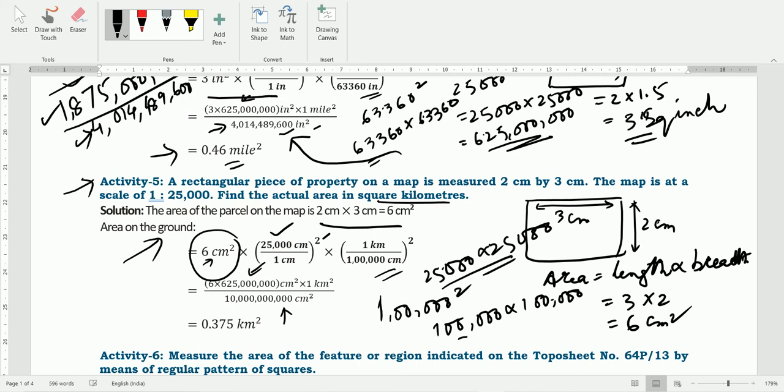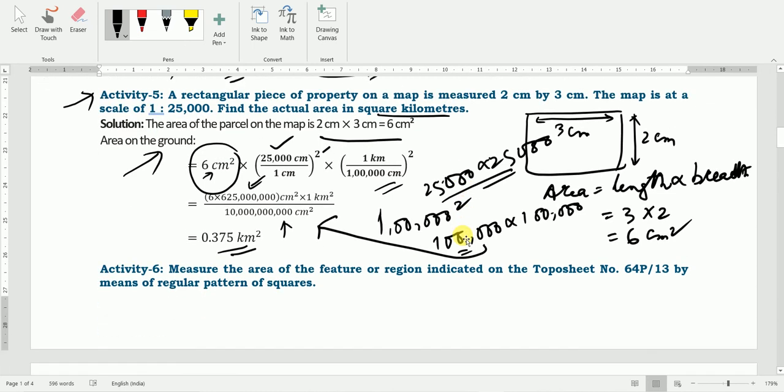After dividing it, we have got the area on the ground, domain decimals 375 square kilometer. So this is the actual area on the ground.